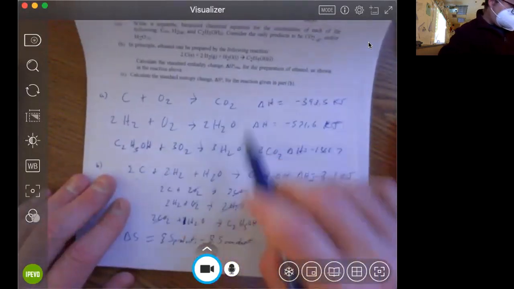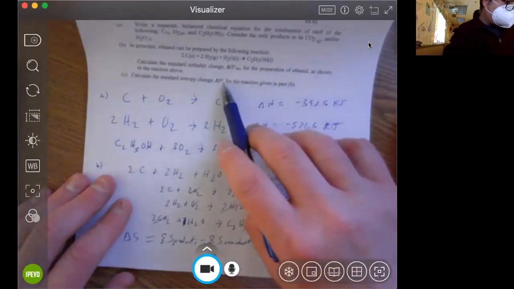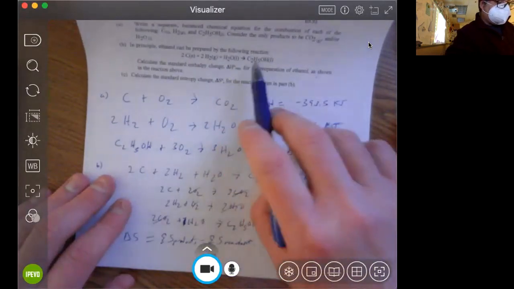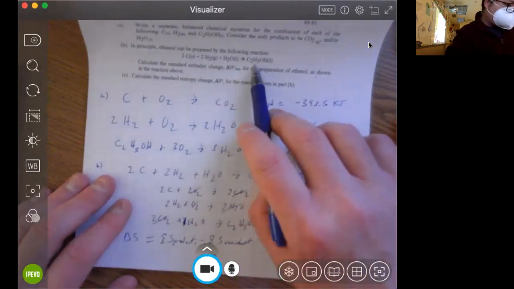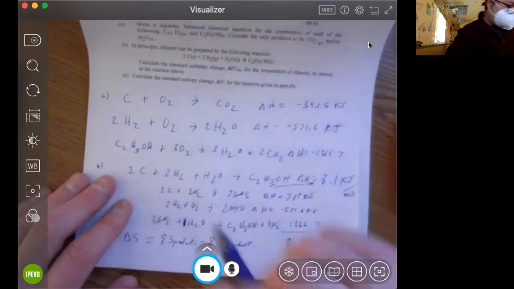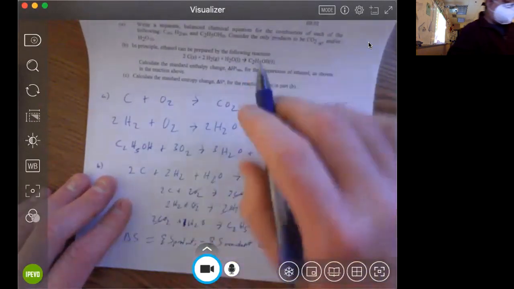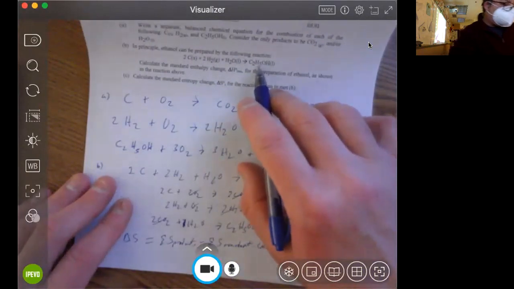So if we take a look at calculating for the reaction given in part B, this is our products. We have 1 mole of that, and remember this is a molar value. So we have 1 mole of ethanol.